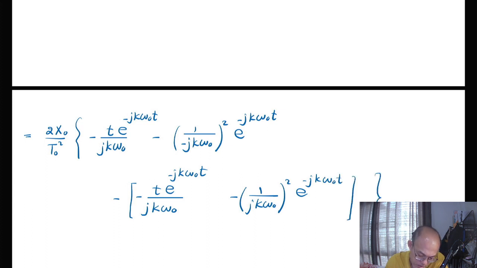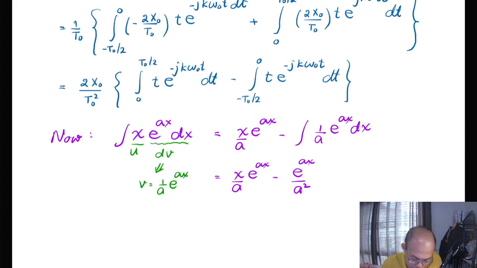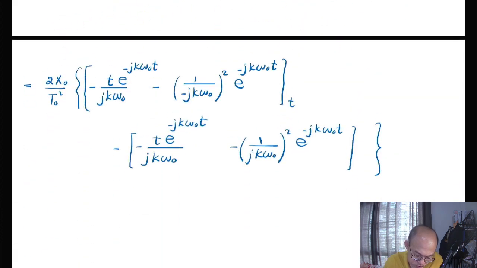Oh, right. The boundary conditions for the first term are from t equal to 0 to t0 over 2, and for the second term from t equal to minus t0 over 2 to 0.